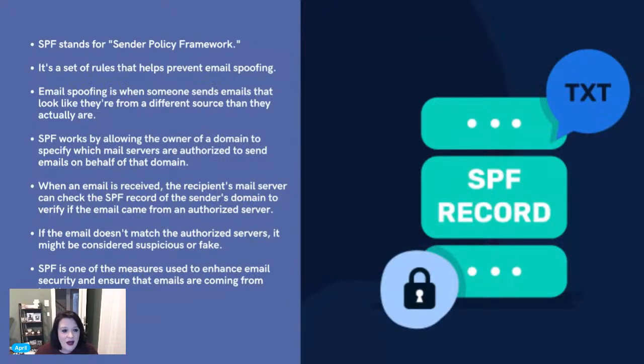So how does spoofing protection work? SPF allows the owner of a domain to specify which email servers are authorized to send emails on behalf of their domain. So what this means is that if you're using an email service provider, we're giving them permission to send emails by going into our hosting of our domain and putting up some framework.